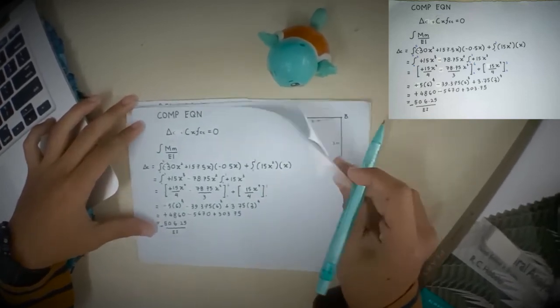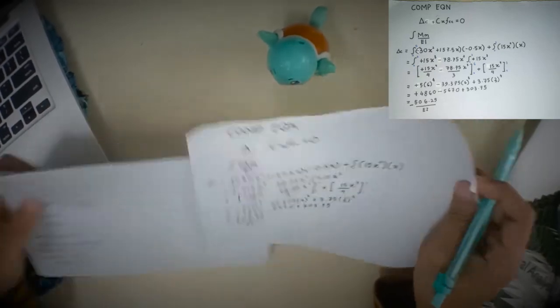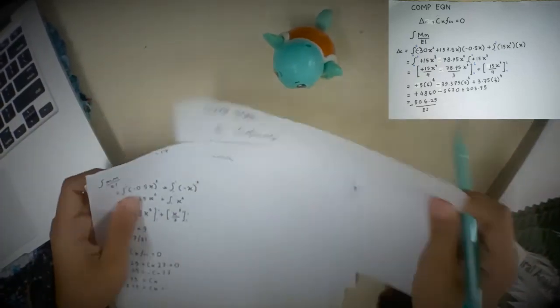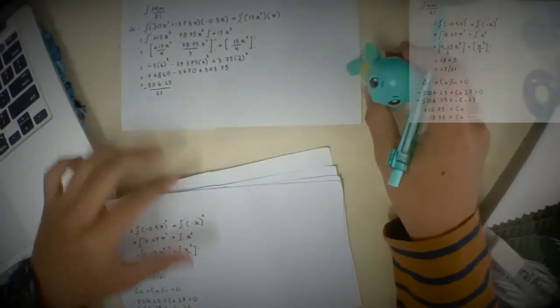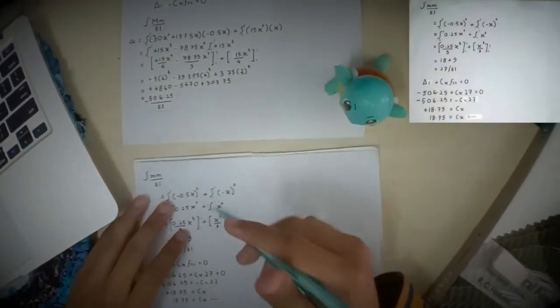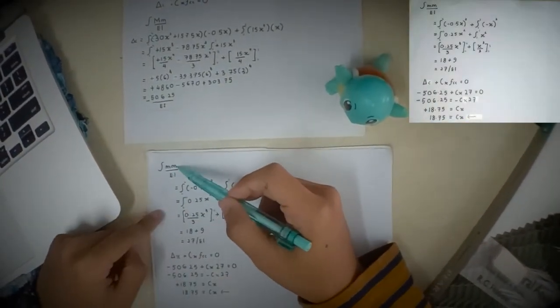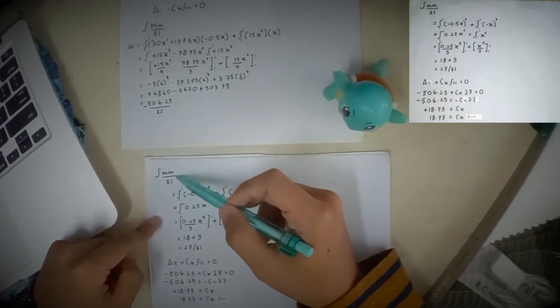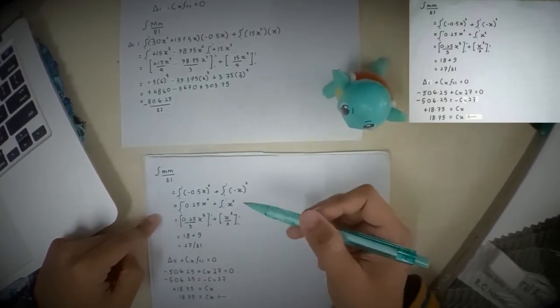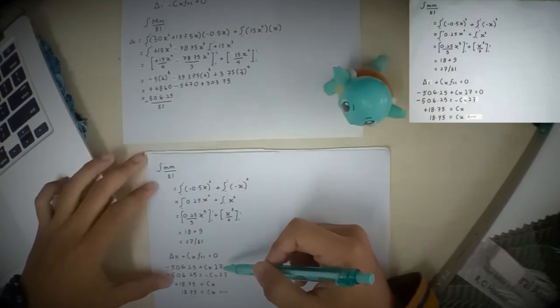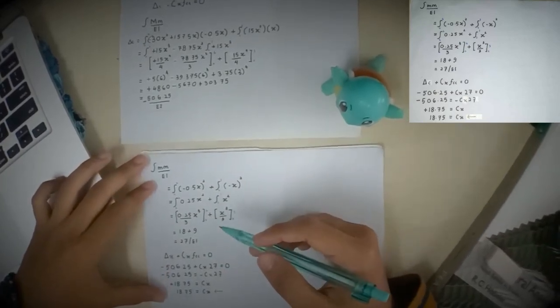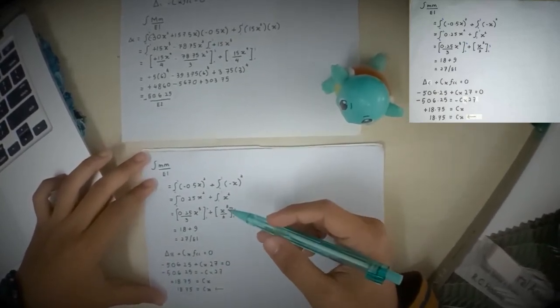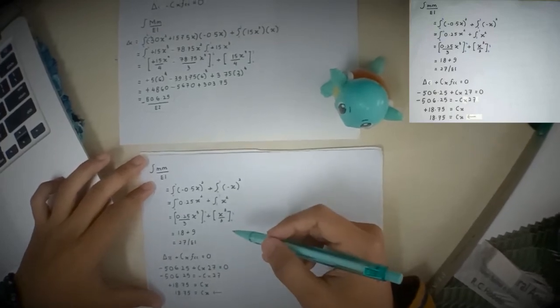Now we find the FCC by using the formula integration of smaller m times smaller m, and we got the answer 27 over EI. After all the data that we got, now we can solve the compatibility equation here.